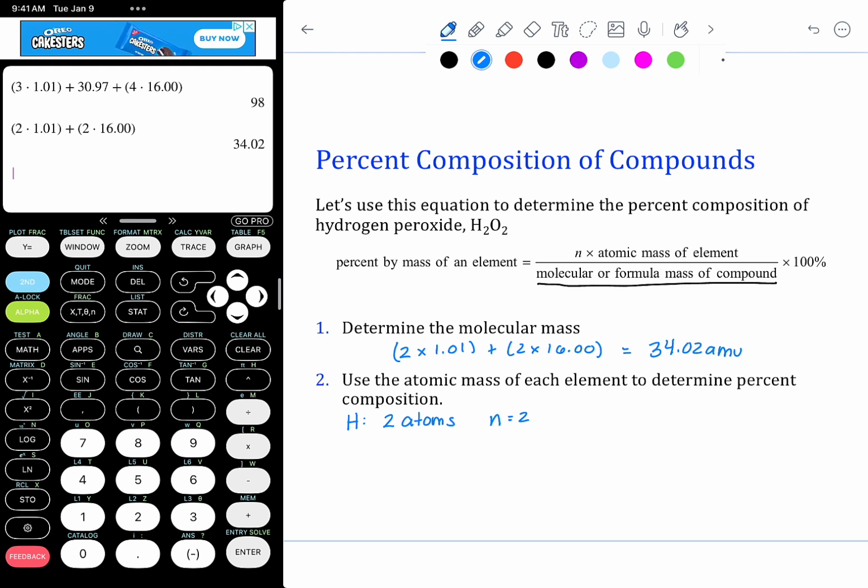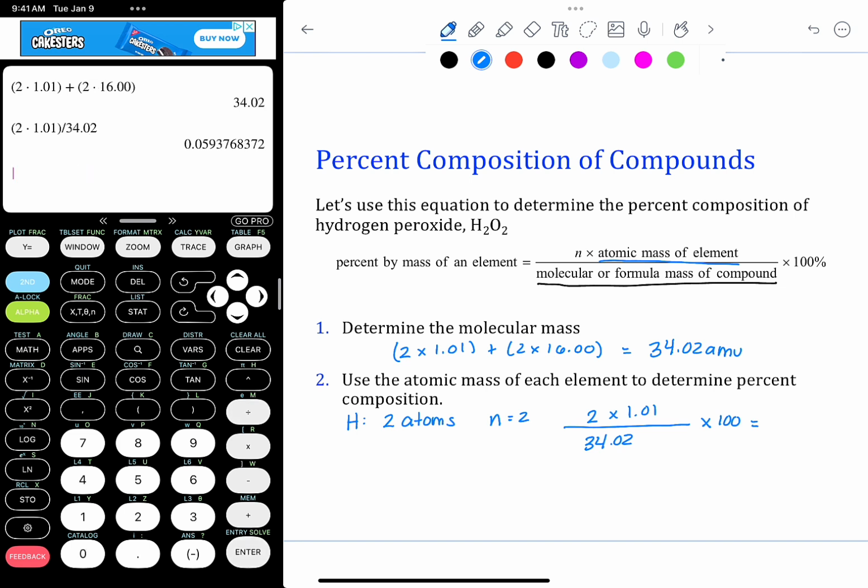We take 2 times the atomic mass of hydrogen, 1.01, divided by the overall mass of the compound, which is 34.02, and then we multiply that by 100. So we take 2 times 1.01, and we divide that by 34.02, the mass that we just determined.